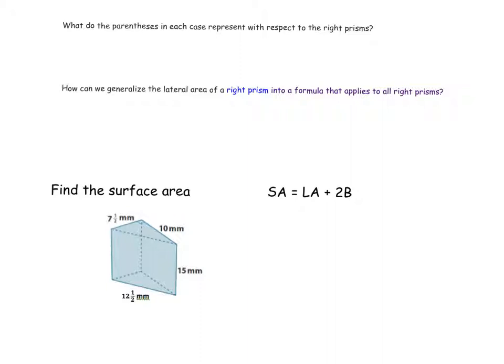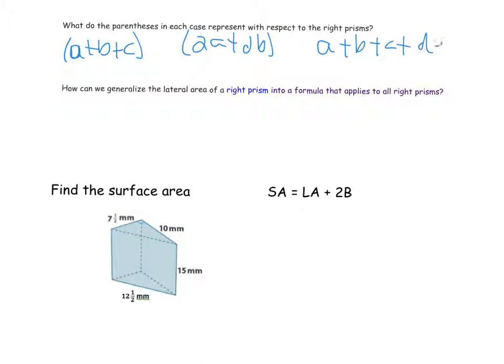So in the parentheses, this is where we had our A plus B plus C, or our 2A plus 2B, or A plus B plus C plus D plus E.